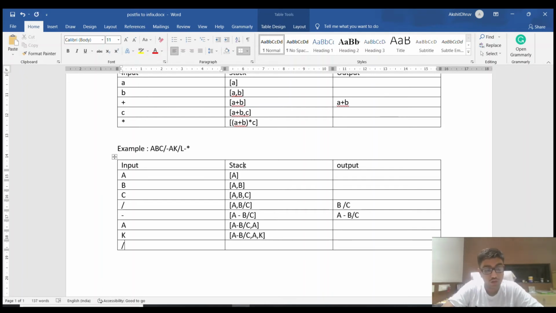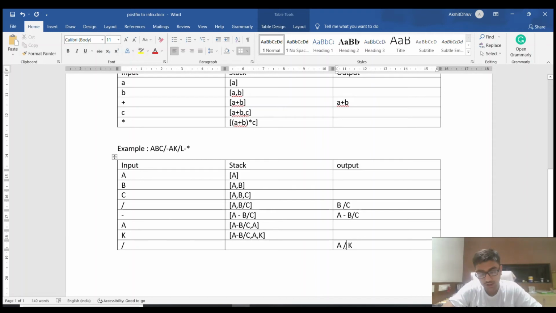Again division. So now what we have to do? We have to remove the topmost element and the second last element, both the elements which are at the top. So who are A and K? We will remove them first and add the sign between them. So what is the sign?